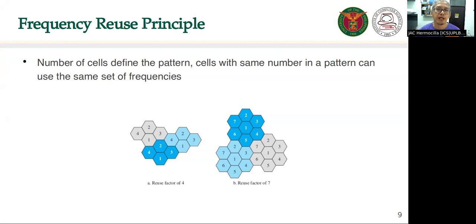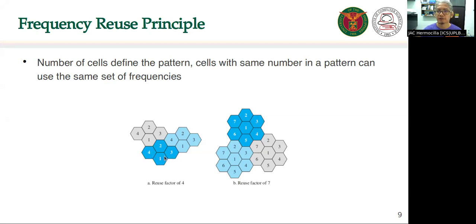So the idea here is, let's say you have this particular configuration wherein you have a reuse factor of 4. So in this configuration, this cell, for example, will use a different frequency. 2 here will use a different frequency, 3 here will use a different frequency, and 4 here will use a different frequency.